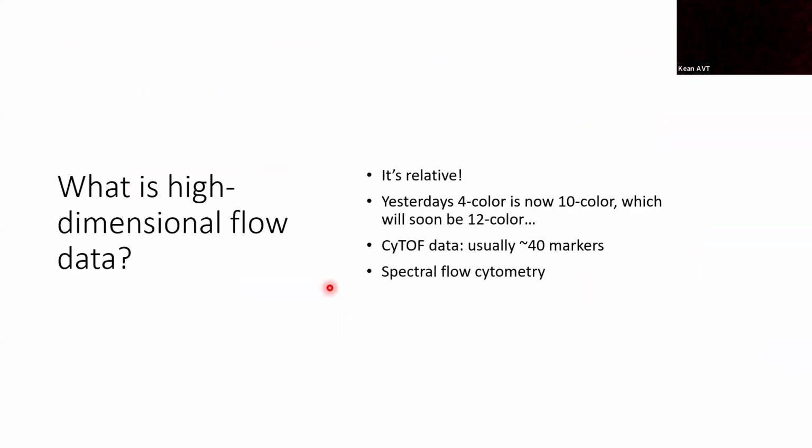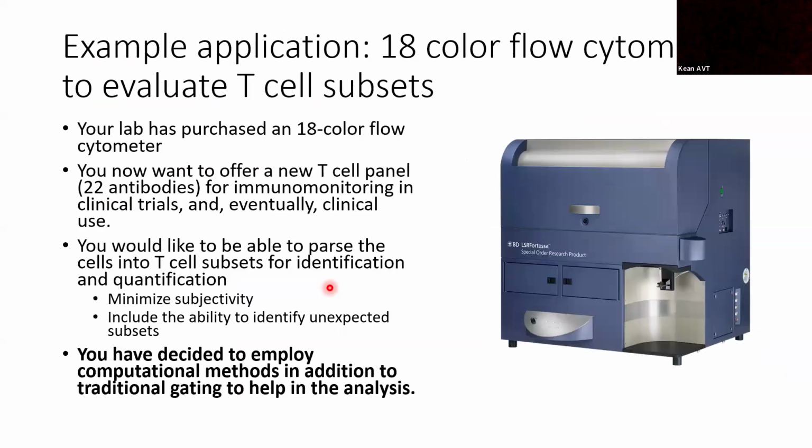So you guys from our talk so far already know very much about high dimensional flow data, but in the clinical lab, most labs are currently running 10-color flow cytometry. So as an initial application, let's suppose we have a new 18-color panel or flow cytometer, and we want to build a panel for this.